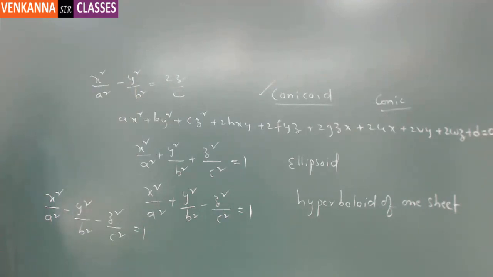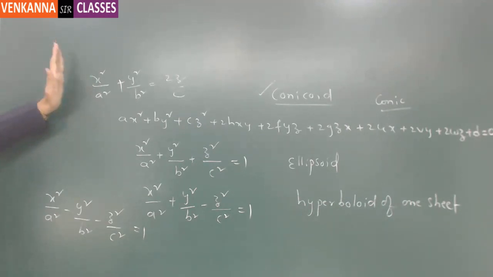And here we call it hyperboloid of two sheets, because we have two negative signs here. And this thing, we call it hyperbolic paraboloid. If you take plus here, elliptic paraboloid. These are the names for them actually.